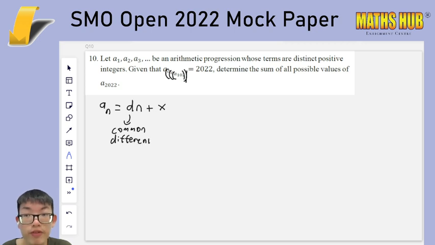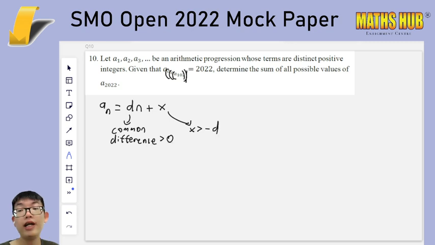So it must be going up. If it goes down, it will eventually be negative at some point. So the common difference must be greater than 0. And we also know that since the whole sequence is positive, that includes a1. So x has to be more than negative d. Otherwise, your a1 is going to be 0 or negative, which we don't want.